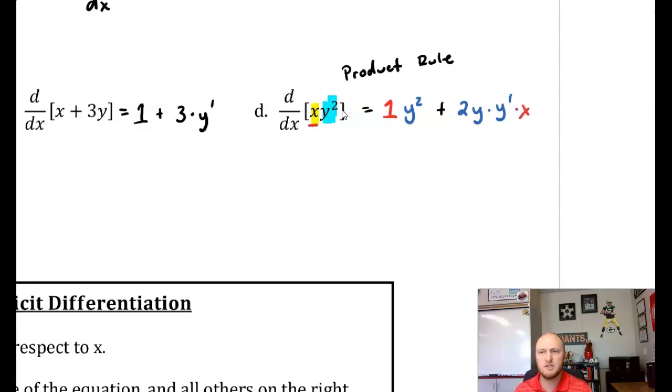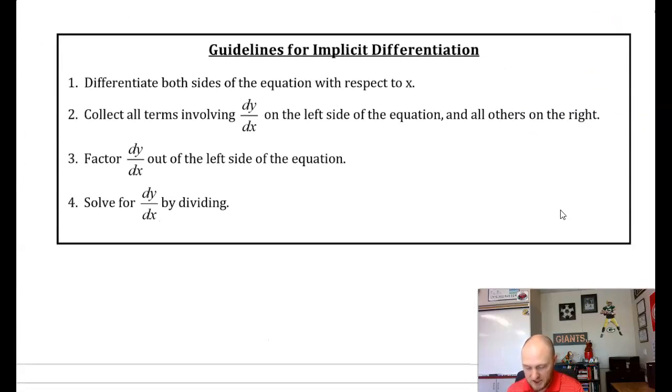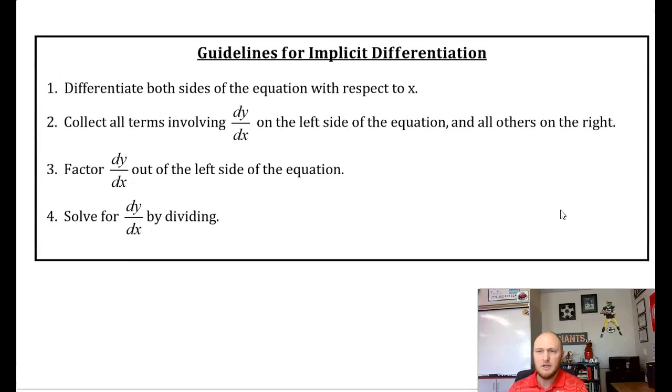So that's just product rule, okay? And that's a glimpse into implicit differentiation, right? We just took the derivative there with respect to x. So for implicit differentiation, we're going to want to end up solving for dy dx, or y prime.